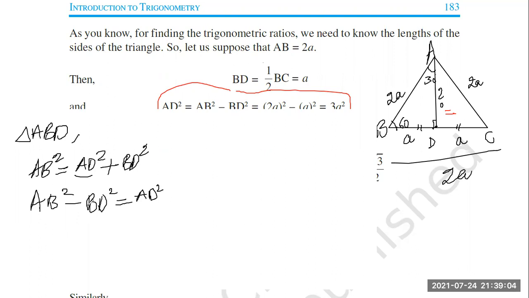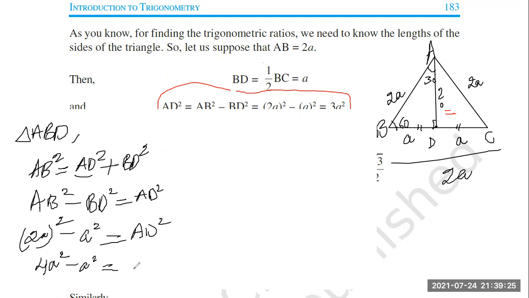We have AB value and BD value. AB is 2a, so 2a whole square, minus BD is a square, which is equal to AD square. Now 2a square is 4a square, minus a square is equal to AD square.